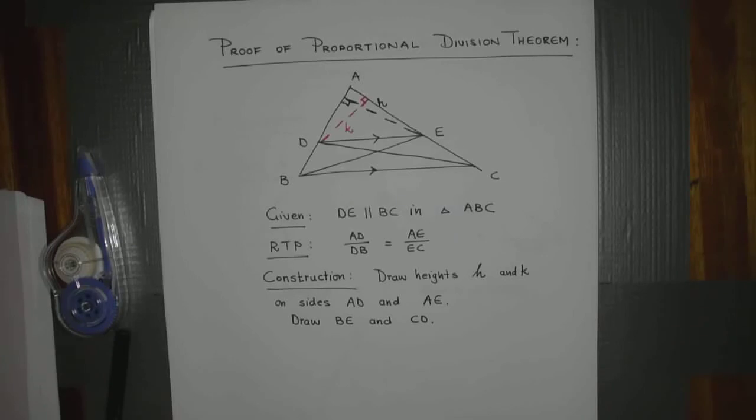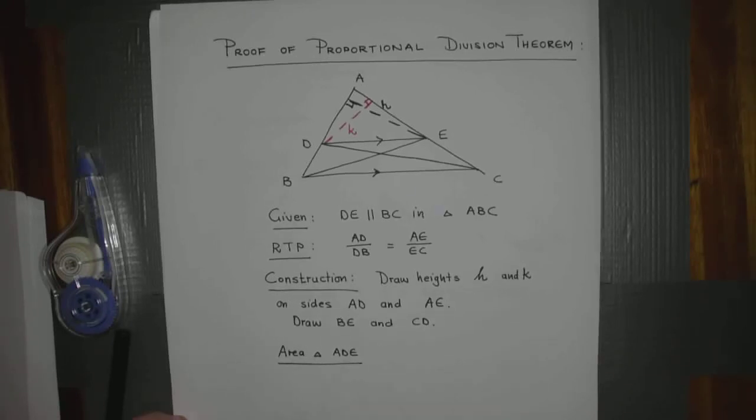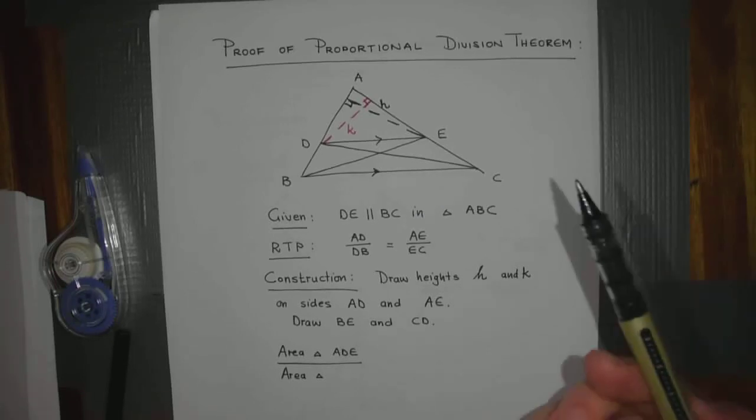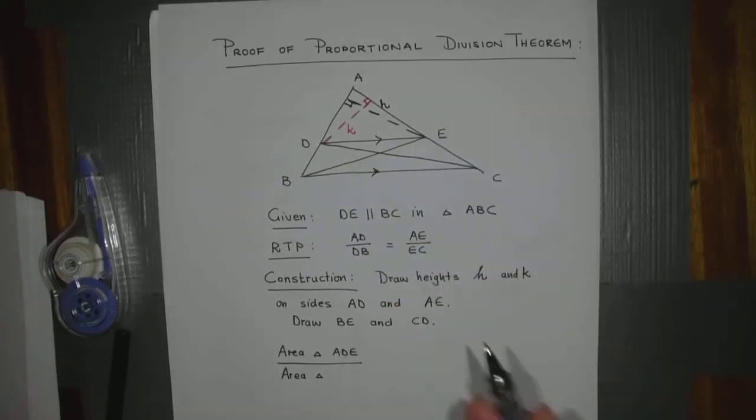And we are going to prove this theorem by using areas of triangles. That's why we had, right at the beginning, that whole discussion about the area of a triangle. Got it? So I'm going to say the following. The area of triangle ADE over the area of triangle, I always forget, so I just need to confirm, DBE or BDE, it really doesn't matter.